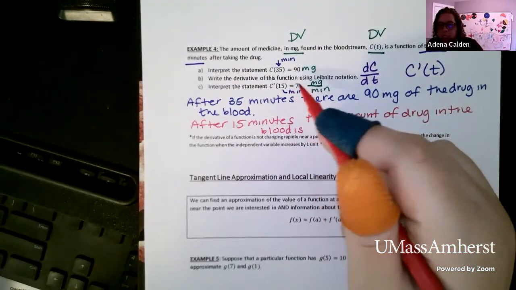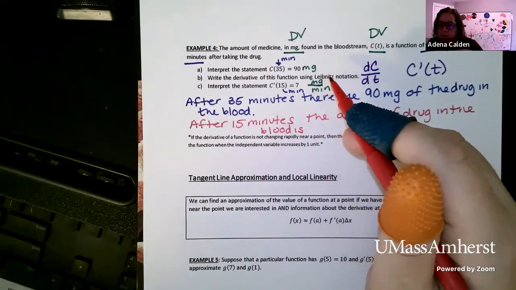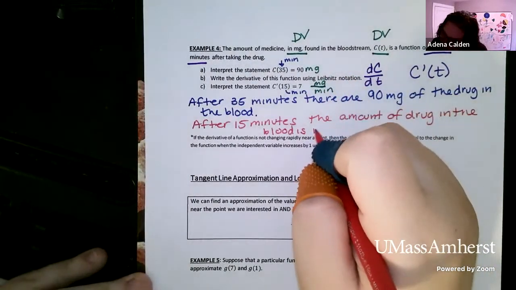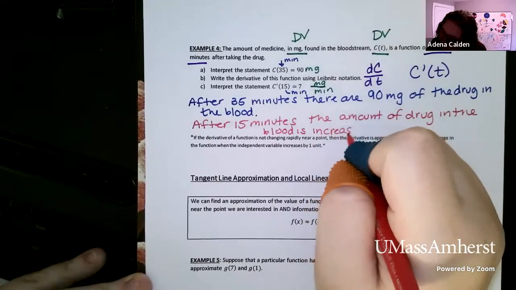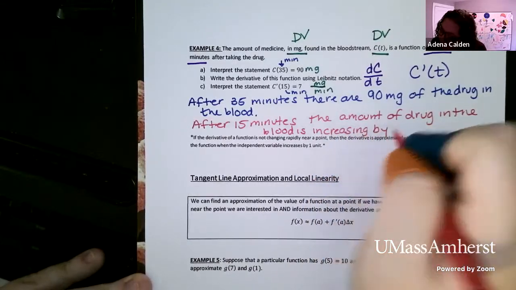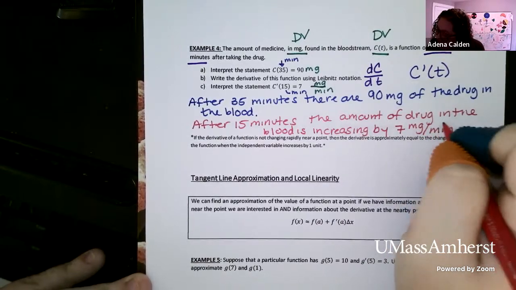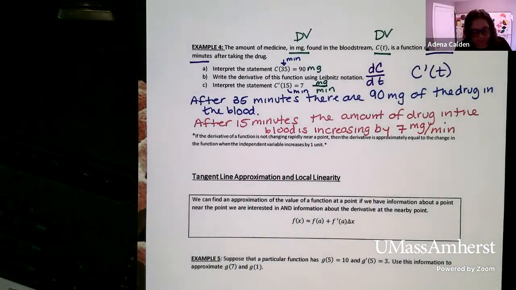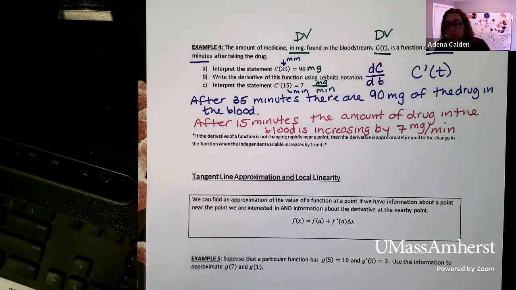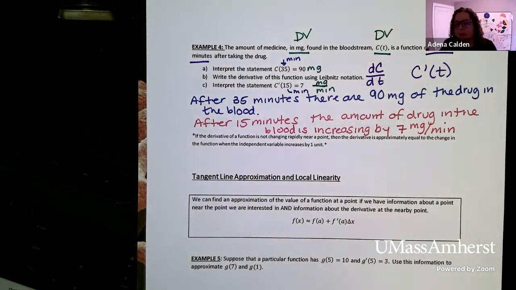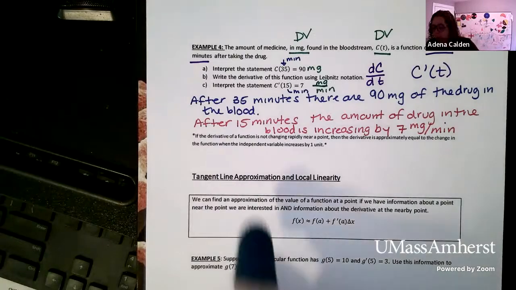I'm going to use increasing since this is positive. That means I know the direction in which it's changing. So it's increasing by 7 milligrams per minute. So after 15 minutes, the amount of this drug is going up 7 milligrams every minute at 15 minutes.